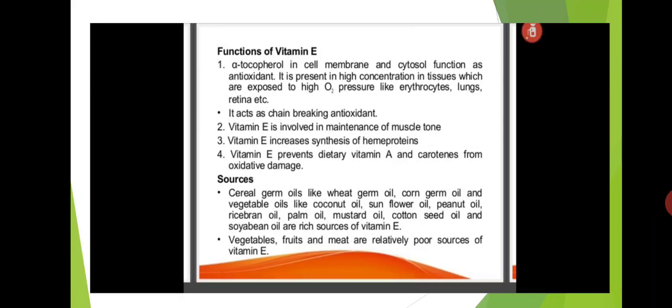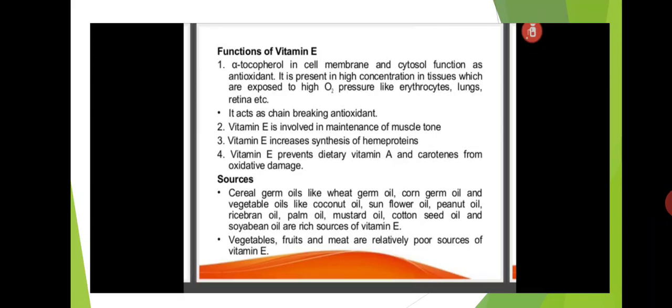It is present in high concentration in tissues which are exposed to high oxygen pressure, like erythrocytes, lungs, retina, etc. And it acts as a chain breaking antioxidant.